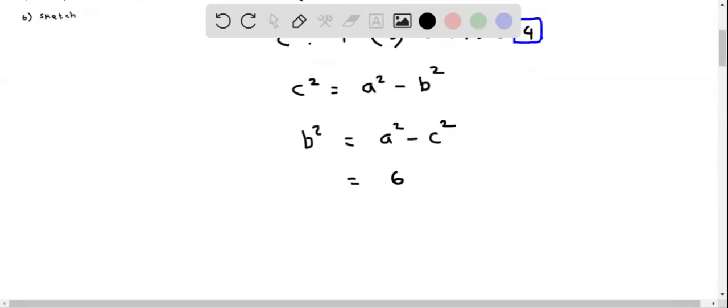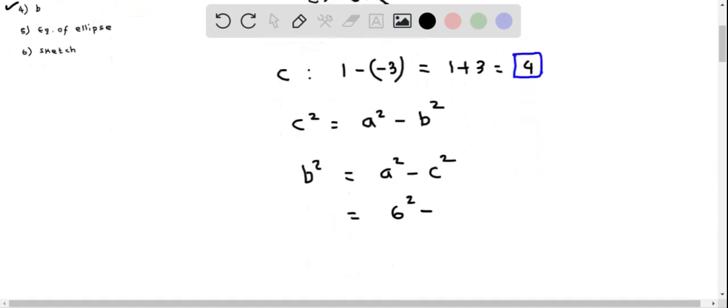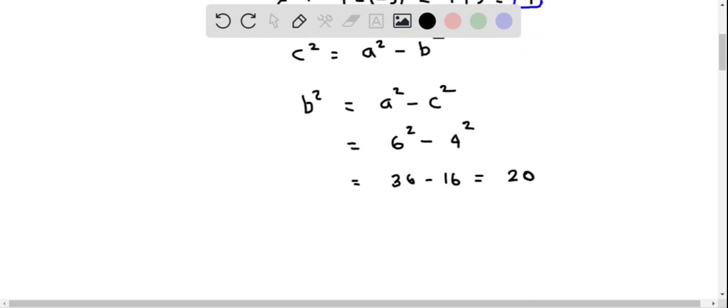So this becomes 6 squared minus the value of c is 4. Let's plug it here. So this is 4 squared. And so this gives 36 minus 16, and this equals 20. So we see that b squared equals 20, or otherwise solving for b, we get b equals plus or minus root 20.